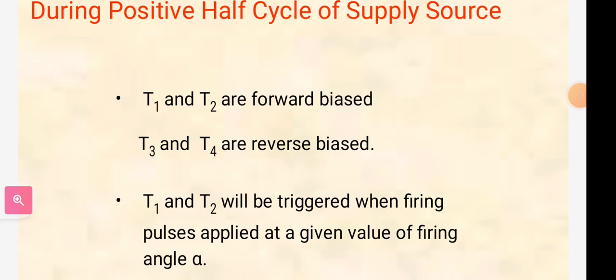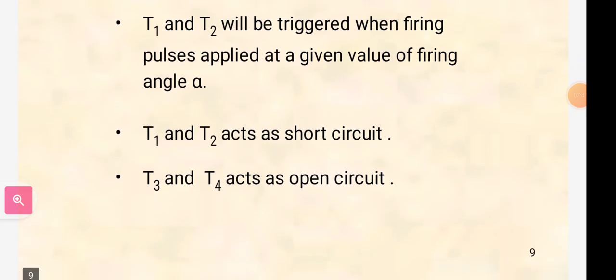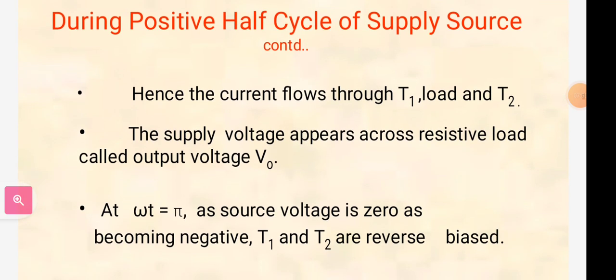T1 and T2 will be triggered when firing pulses are applied at a given value of firing angle alpha, and T1, T2 act as short circuit, while T3 and T4 act as open circuit. Hence, the current flows from T1 through the load and T2.